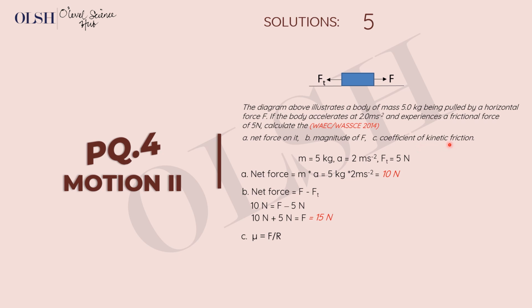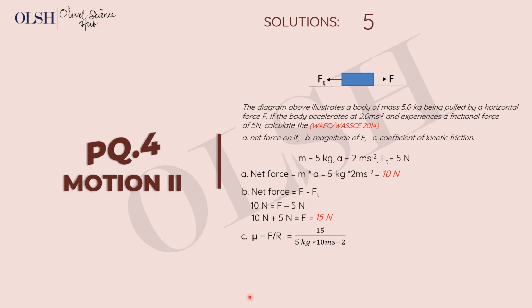Of course, we know that mu is equal to F over R from the class. Mu stands for the coefficient of friction, which in this case is the coefficient of kinetic friction. So what's our F? Our F is 15 newtons, which we've just gotten, and our R is the normal reaction.